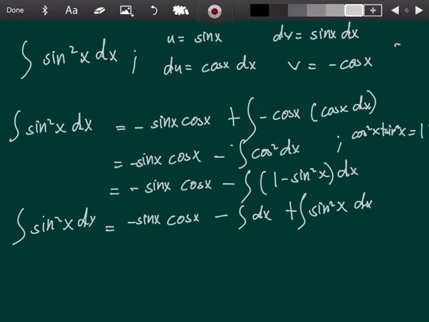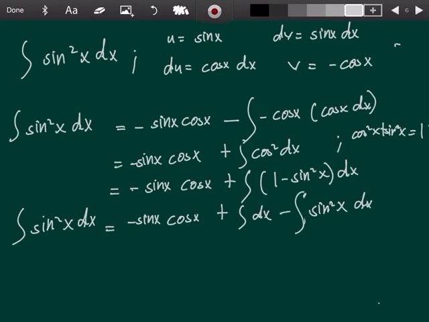Dapat ito ay, I'm sorry, mali ako. Dapat ito ay minus, diba? Para ito ay positive. So, I forgot that minus VDU. So, plus ito. So, plus dx. Hindi ko na pwedeng i-undo yung record ko. Mahaba na yung example natin. Minus, okay, tama?